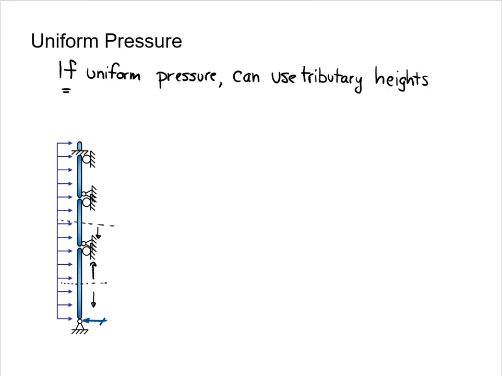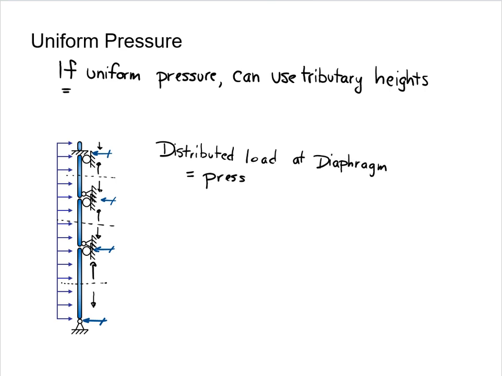So the tributary height is from mid-height of the bottom level to mid-height of the next level. We repeat this for the second diaphragm and for the roof diaphragm. The distributed load at diaphragm level is the pressure times the tributary height and will be in units of force per length.